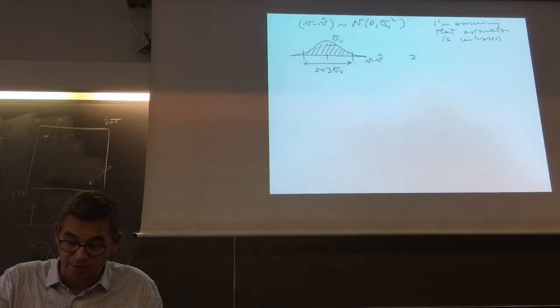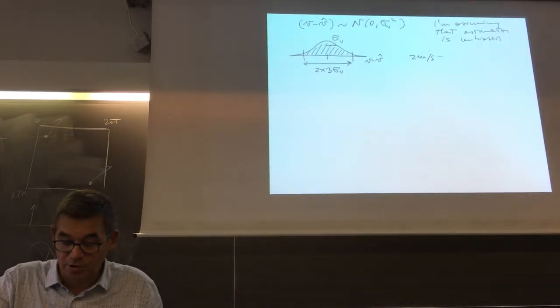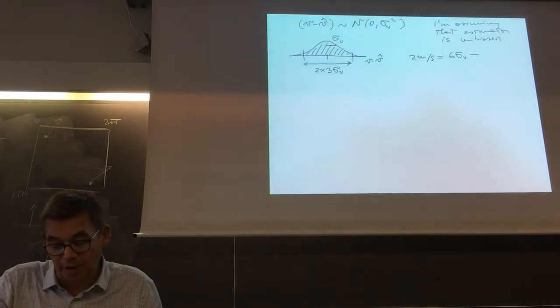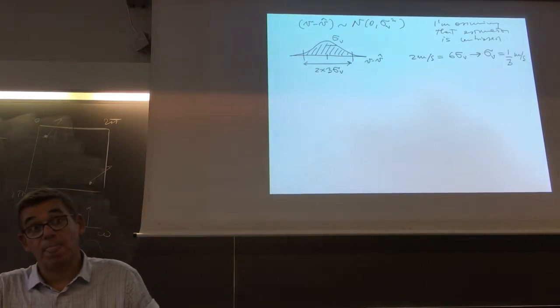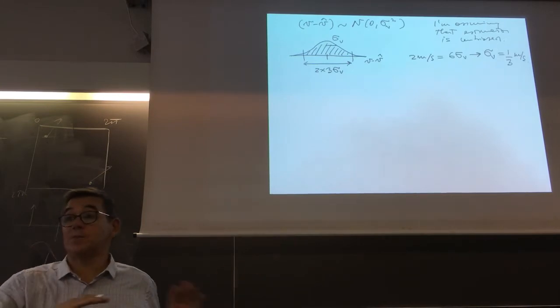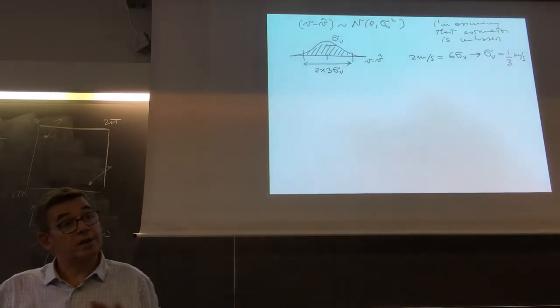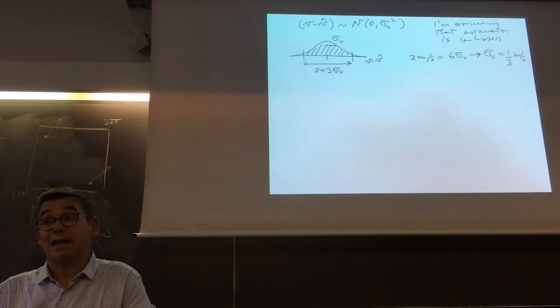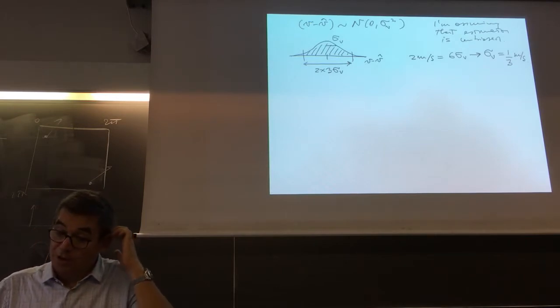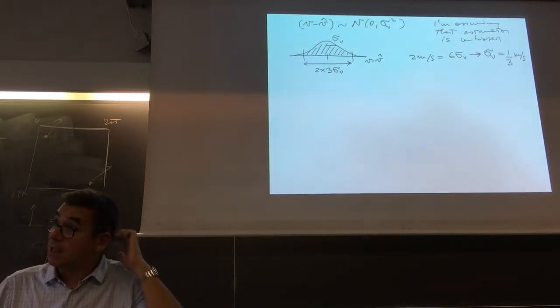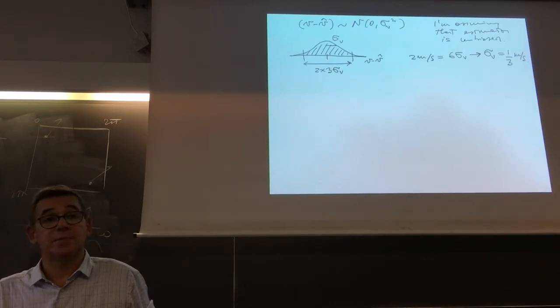So I need to write that 2 meters per second should be equal to 6 sigma d. Then I get a sigma d of 1/3 meter per second. So if I make my experiment, what I want is that my accuracy should be better than 1/3 meter per second.